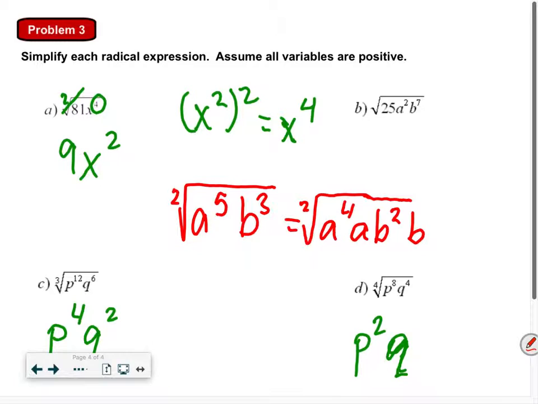So what we're gonna do is deal with the ones that go in nicely. If I have a to the 4th, and I'm trying to square root it, what do I have? a to the 2nd. Okay, skip over to the next nice one. If I take square root of b squared, b to the 1, b. I have this gone and this gone.